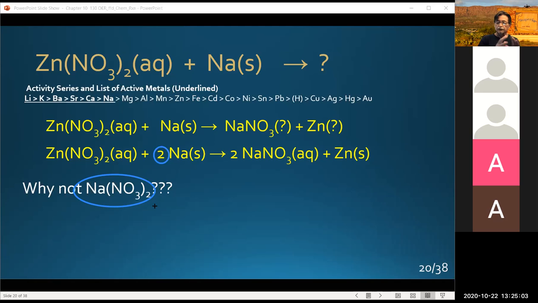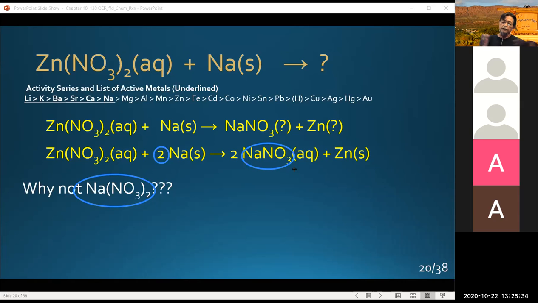Why would that be incorrect? Or is that correct? How do I know that this is the correct formula for sodium nitrate versus the other one with 2 nitrates? What tells me which one is correct? Anybody want to take a shot?